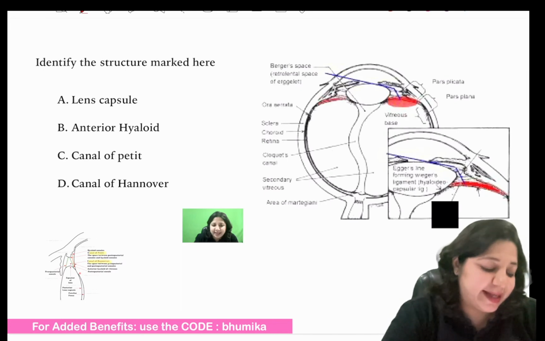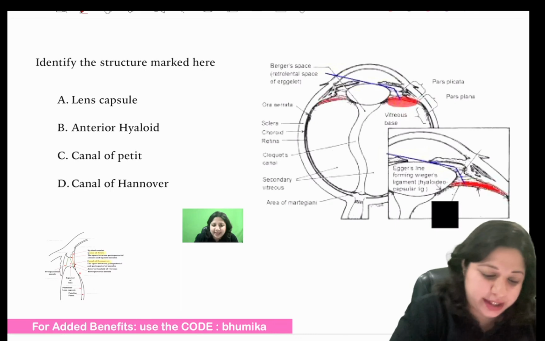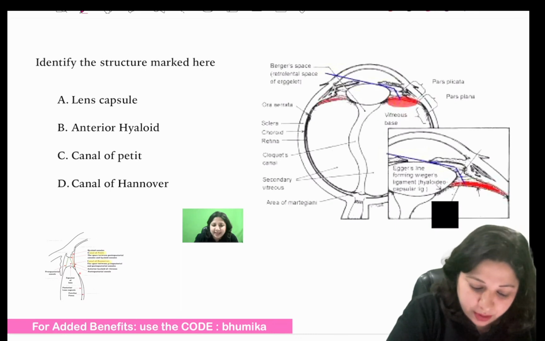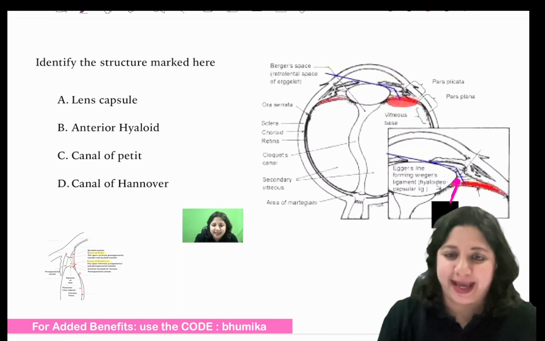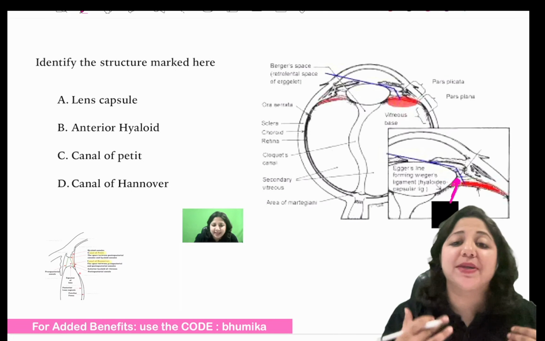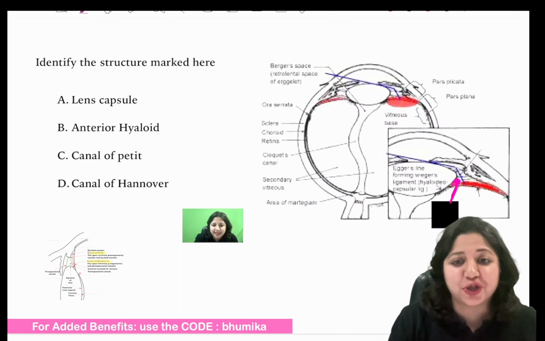So the question said identify the marked structure, and the structure marked here was this, right? The structure marked here was this. All right, so if I did not know anything about this question, but I was happy that this question was discussed in the classes, in these sessions.